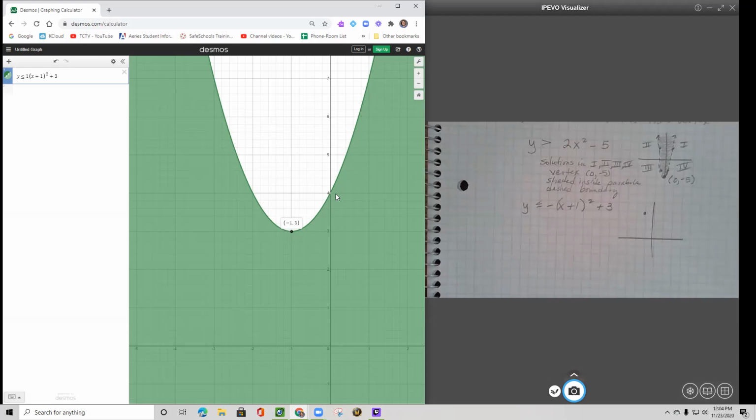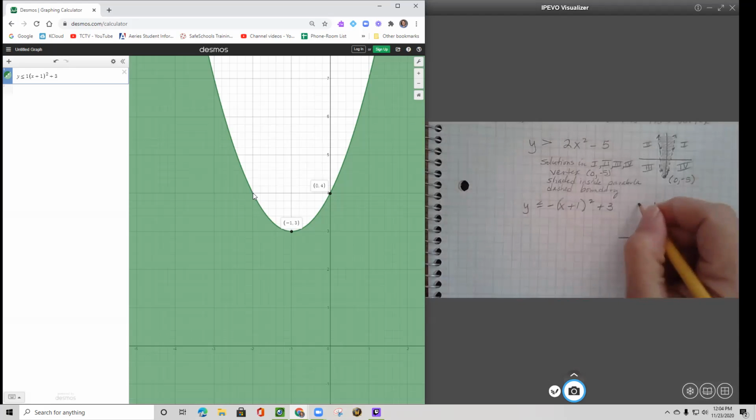And it opens upwards. And I have a point at 0, 4 and a point at -2, 4. And my boundary is a solid curve.